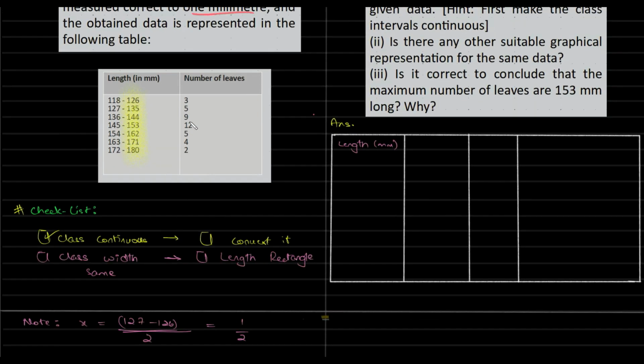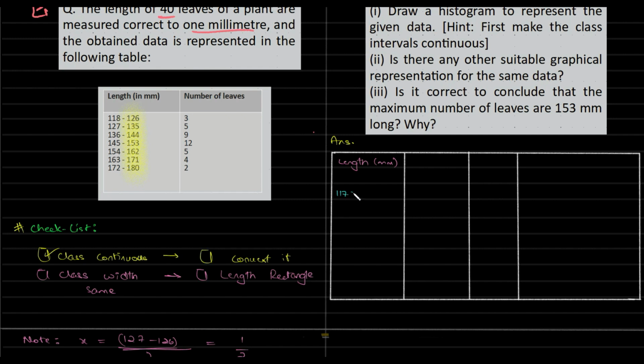So basically this will be 117.5. Next one is 126.5, 135.5, 144.5, 153.5, 162.5 and 171.5.